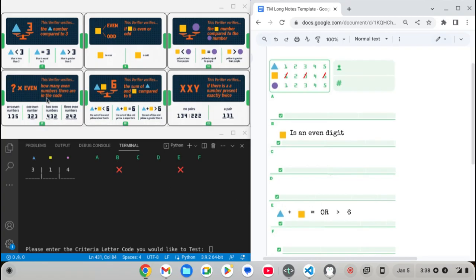So in looking at criteria card D, trying to think of, can we say that we have 3 evens? I don't know. Don't see anything that would disqualify. Sure, if we had 3 evens, we'd know that it wouldn't be 3, but it could still be an odd that's less than or greater than 3.